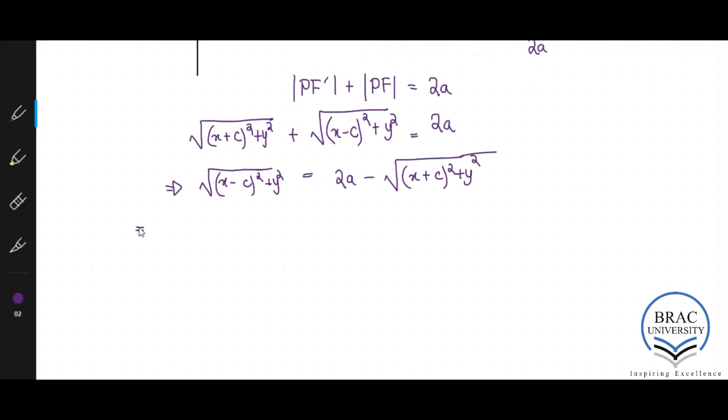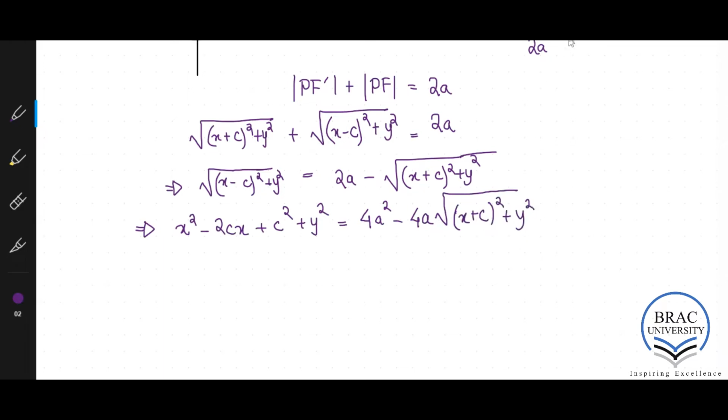I'm going to leave the details of this to you, but if we square both sides, we have something of this form: x minus c squared plus y squared is equal to 4a squared minus 4a square root of x plus c squared plus y squared plus x squared plus 2cx plus c squared plus y squared.